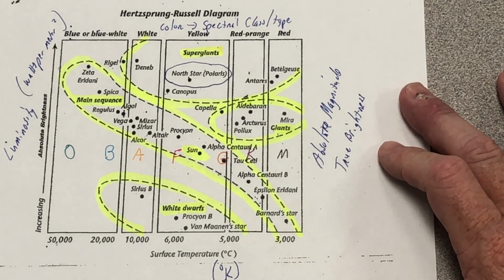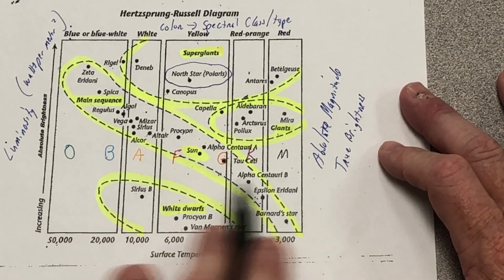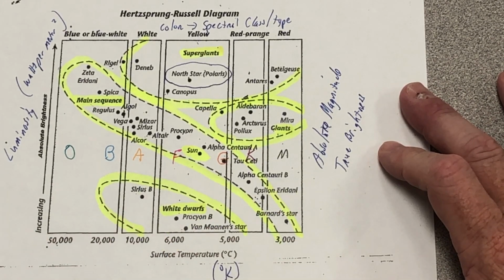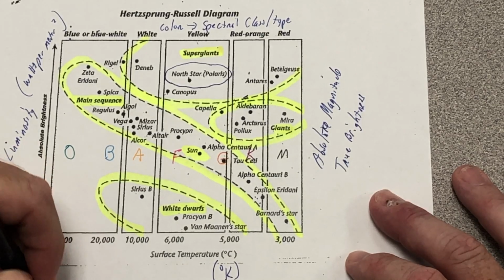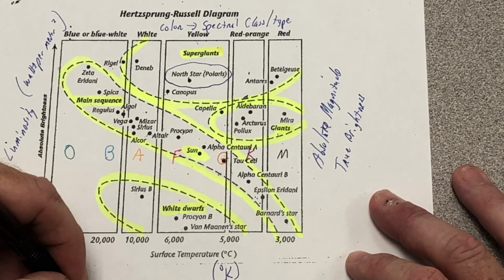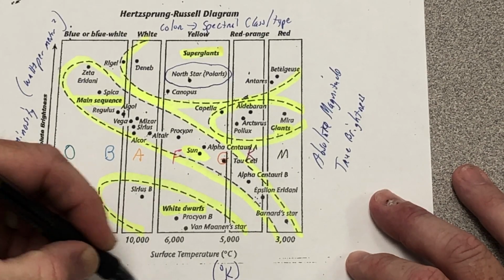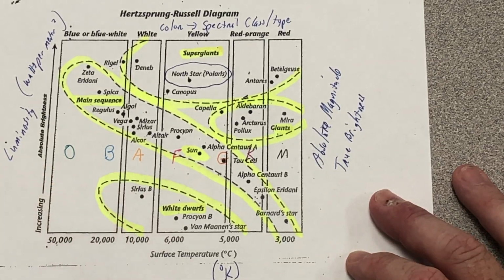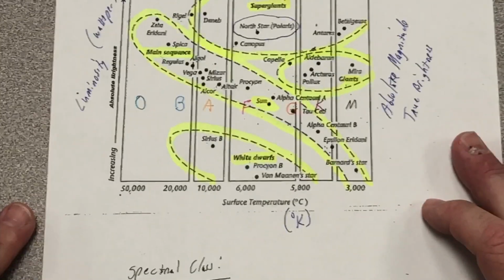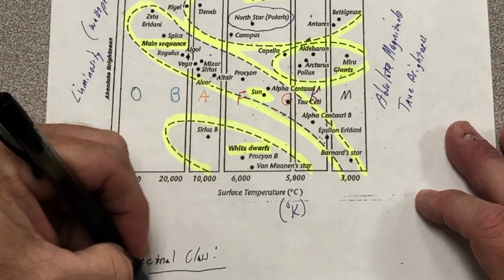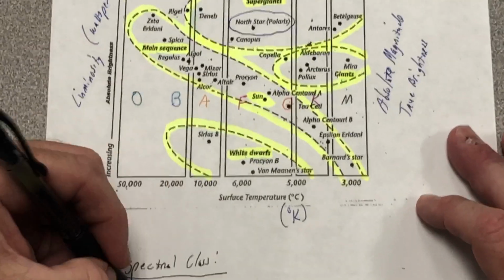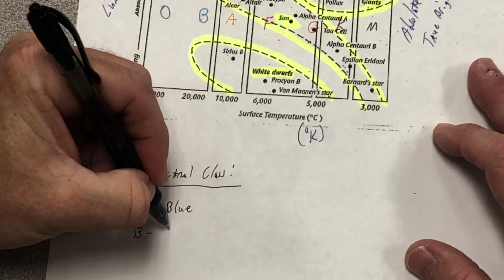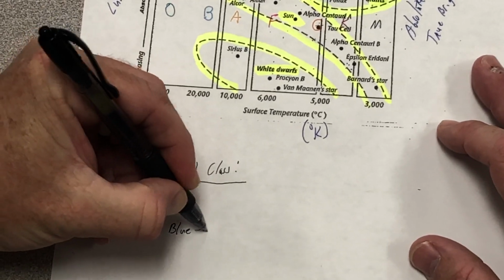So, some people always ask, why are these random capital letters going straight across the diagram? Let's go back to the spectral class for a moment. I'm going to put it down here for you. Spectral class categories, okay? So O is blue. We're talking about blue stars. B is blue-white stars.